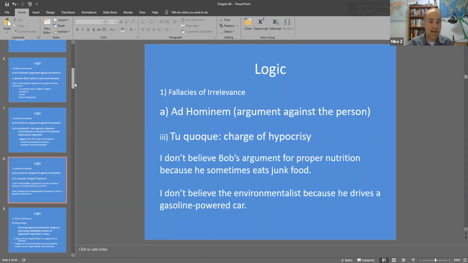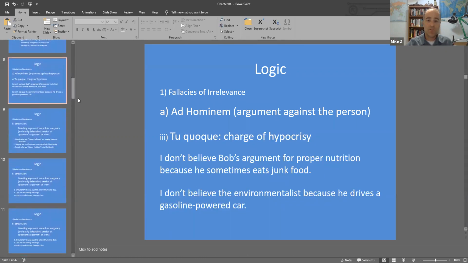So here's a third kind of ad hominem. The tu quoque is the fancy Latin name for this, but it's really just a charge of hypocrisy. Let's go back to Bob and his argument in favor of good nutrition, and he's given us all these great reasons for having a balanced diet and avoiding bad foods.